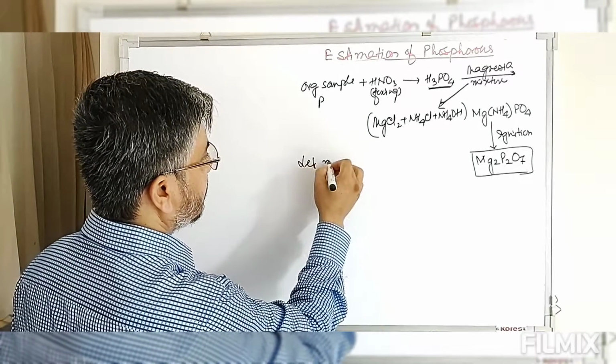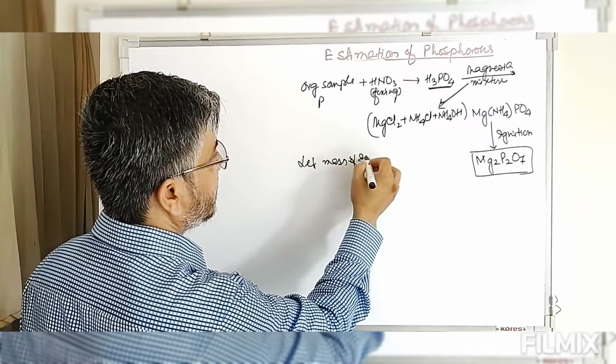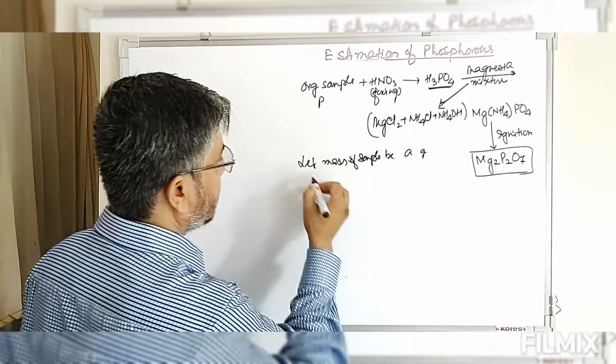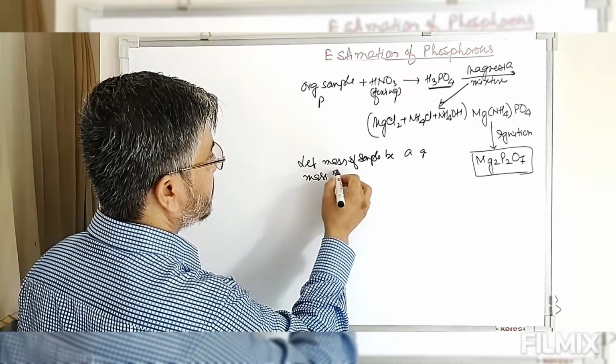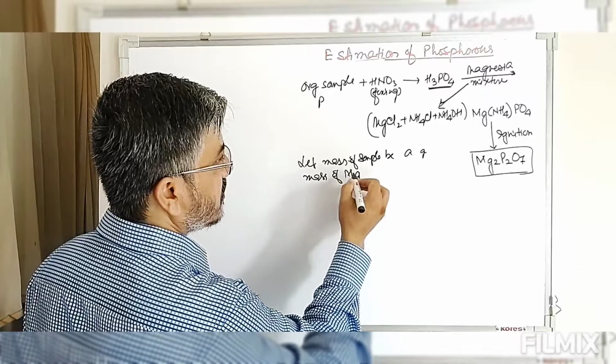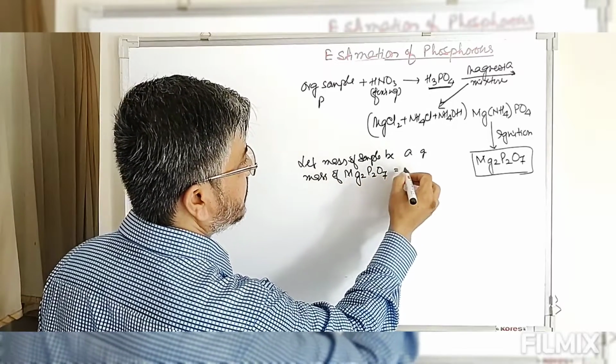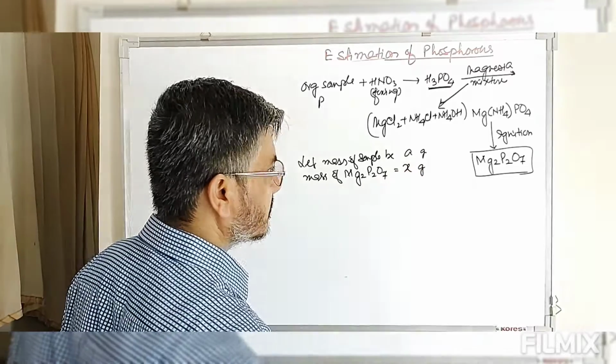So now look at this. Let the mass of sample be A gram, and the mass of Mg2P2O7, magnesium pyrophosphate, we suppose is X gram.